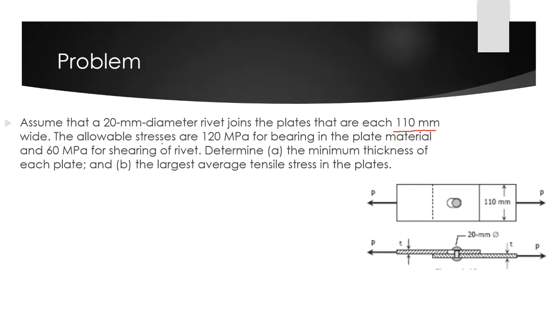The allowable stresses are 120 megapascal for bearing in the plate material and 60 megapascal for shearing of the rivet. Determine A, the minimum thickness of each plate, and B, the largest average tensile stress in the plates. And again, we have the given 20 millimeter diameter of the rivet.